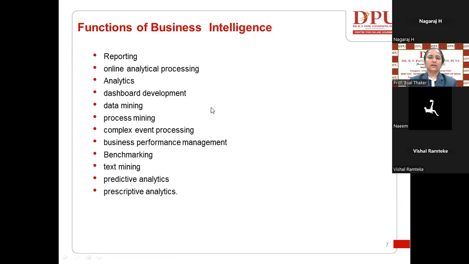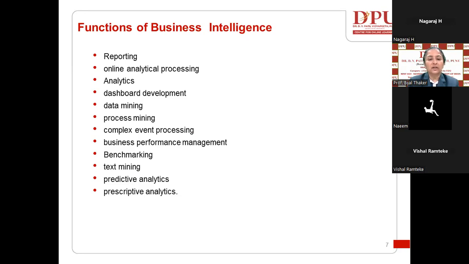Now the functions carried out by business intelligence vary. It is used for reporting, for online analytical processing, for generating dashboards. Data warehousing and data mining are important activities happening here as part of BI. Business performance measurements are possible with the use of BI tools.